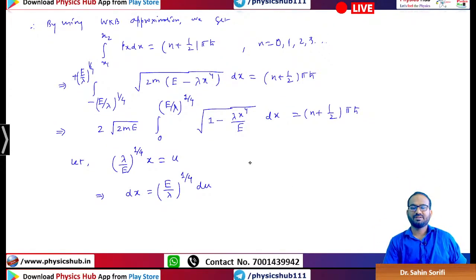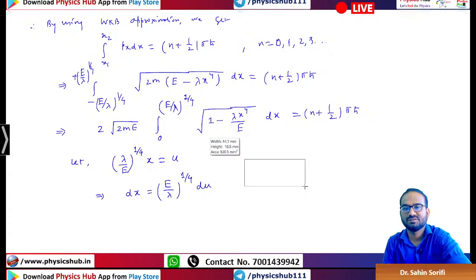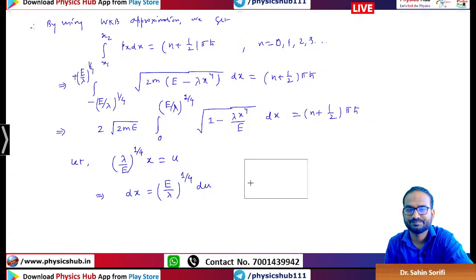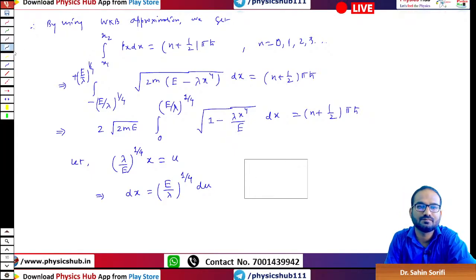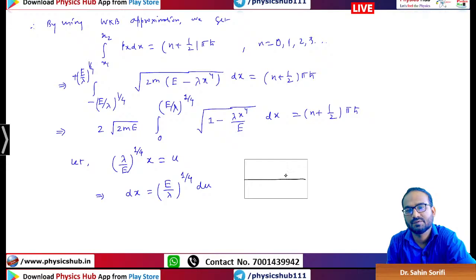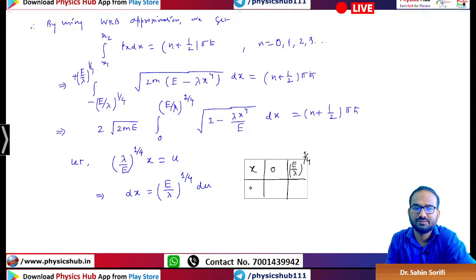And if you change the limit, the limits of x are 0 and E by lambda to the power 1 by 4. On the other hand, for the value of u, x equal to 0 gives 0, and for x equal to E by lambda to the power 1 by 4, it is 1.